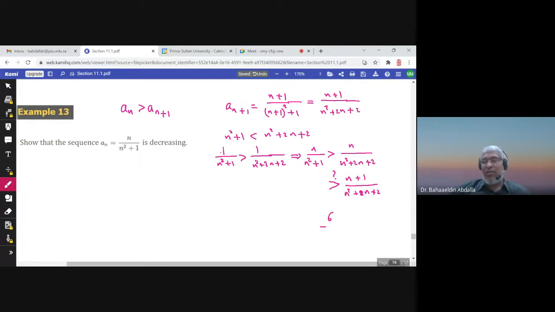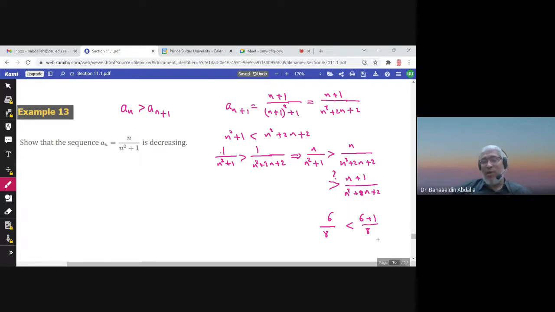So for example, 6 over 8 and 6 plus 1 over 8, which is larger? This is larger. So 6 over 8 is less than. So n over this is not greater than this. So using this method, I cannot conclude that an is greater than an plus 1.